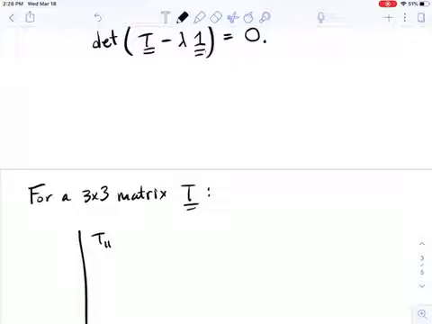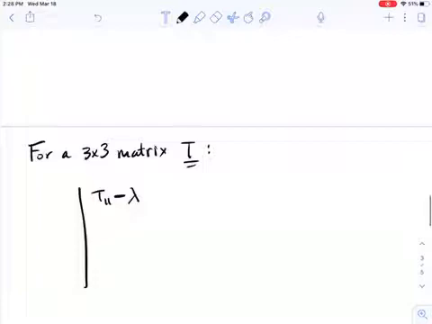We have to subtract that off, and so the diagonal elements of the identity are 1, so we get a minus lambda for the first diagonal element. And then we have T12, T13, there's no off diagonal elements for the identity.